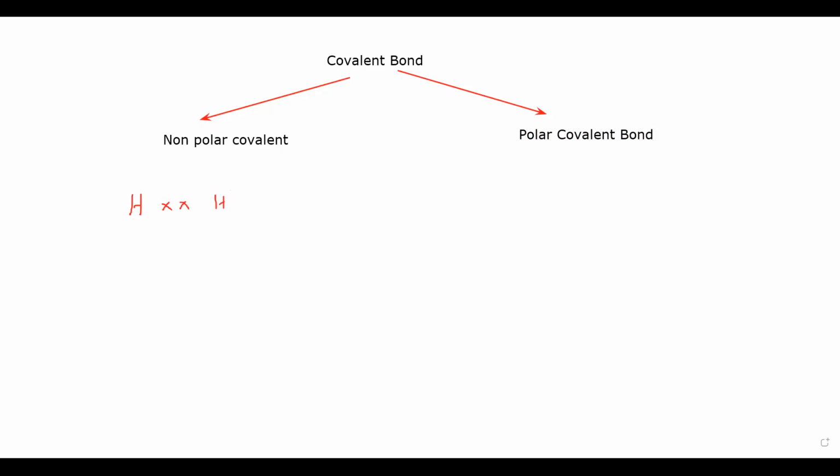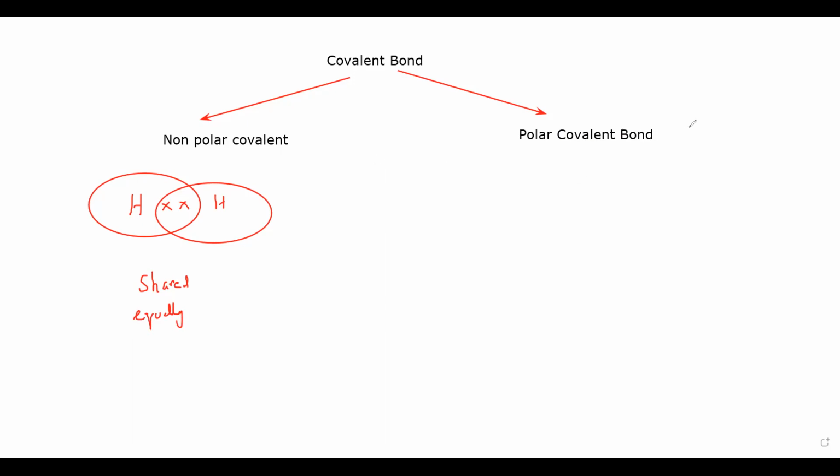Both have the tendency to attract the shared pair of electrons, and as these are identical atoms, they have the same tendency. So the shared pair between the two atoms will be at the center. When the shared pair is at the center, or it is shared equally, that is known as a non-polar covalent bond.